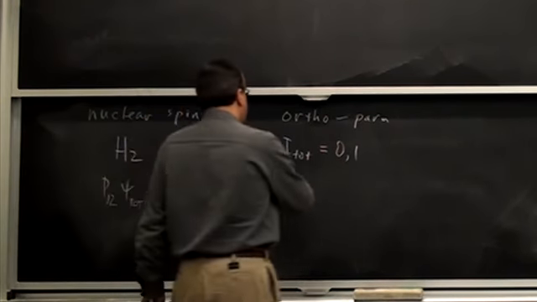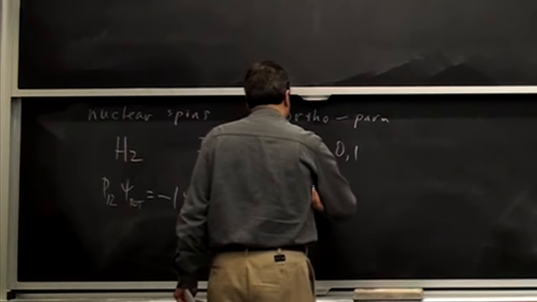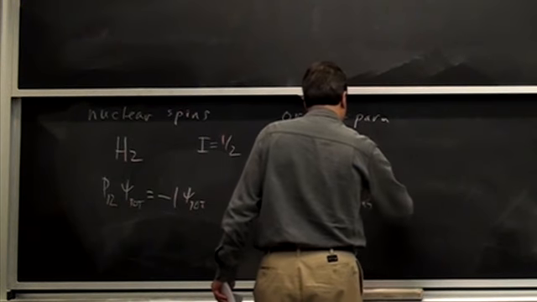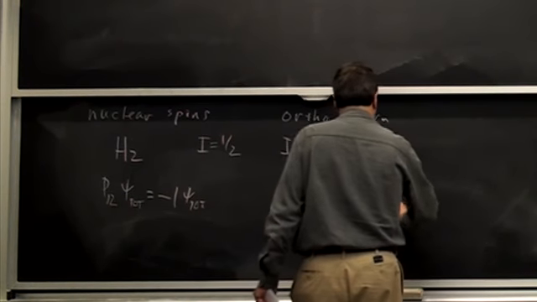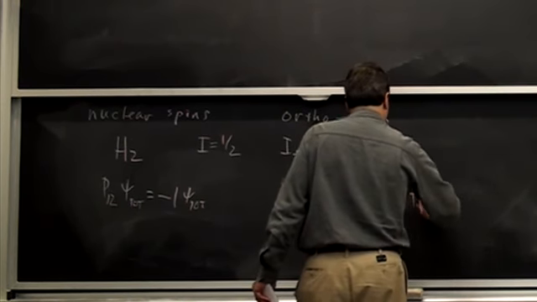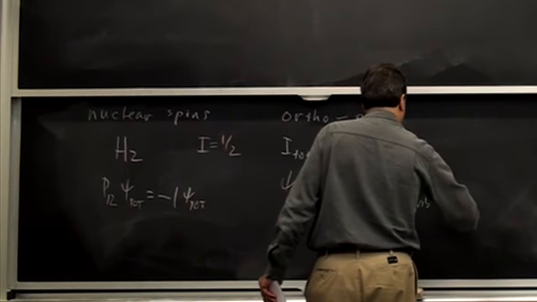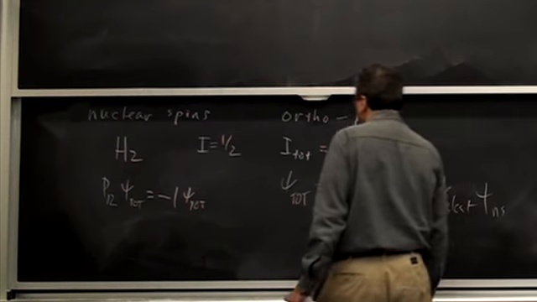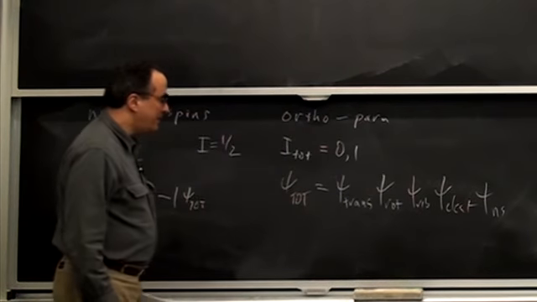The total wave function is a product of translation, rotation, vibration, electronic, and nuclear spin. I should have put nuclear spin earlier in the list.